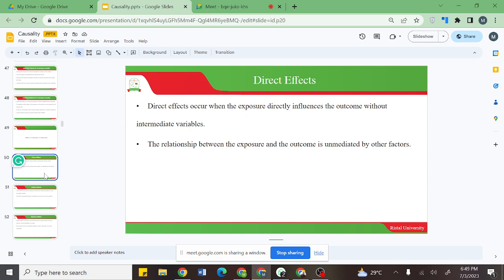But you can have an exposure Y that results into a disease Z through another factor in between, X. So you have Y acting through X to cause Z. So that means that X is an intermediate factor, which we call in this case an intermediate variable. Hope you have understood that.